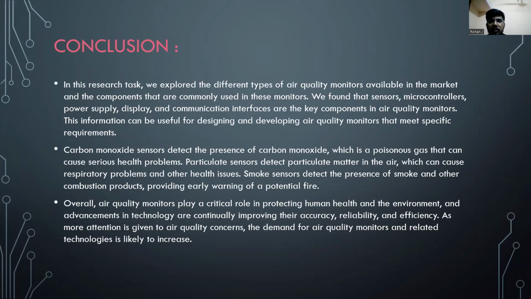Overall, air quality monitors play a critical role in protecting human health and the environment as well. Advancements in technology are continuously improving, and various researchers are working on air quality monitors to increase their accuracy and reliability. That's all about this presentation, sir.